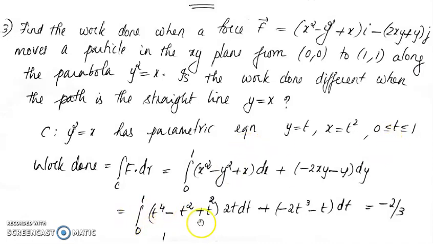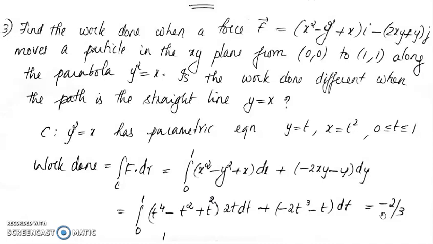Now giving the parameterization, you will get the integral in this form. When you evaluate the integral, you are going to get minus 2 by 3. So find out the integral on your own. So that is the value of work done.